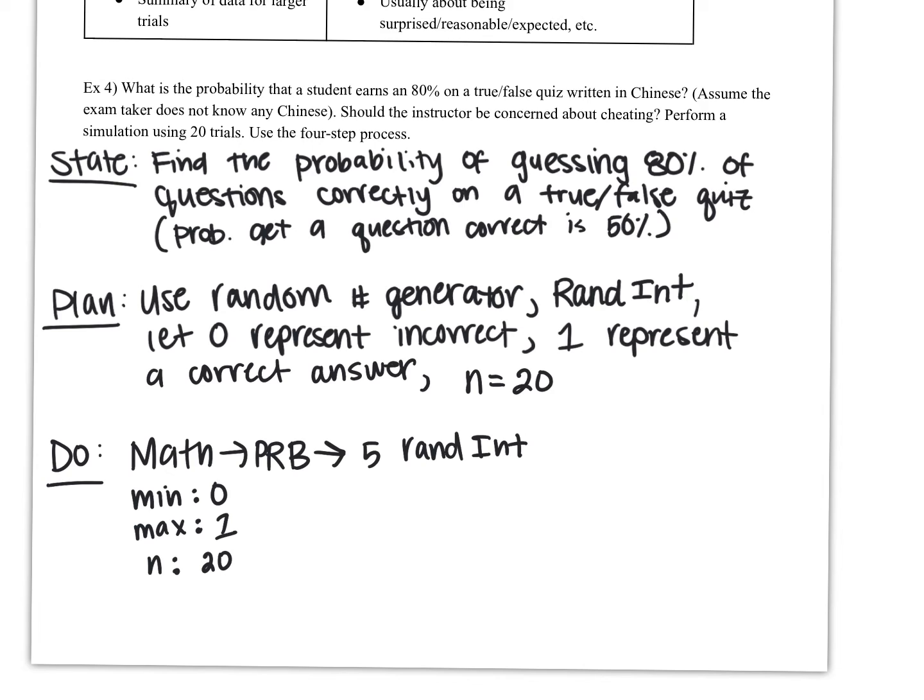So looking at mine, the number of correct, which are going to be the ones, I got 11. And the number of incorrect, so zeros, are 9.